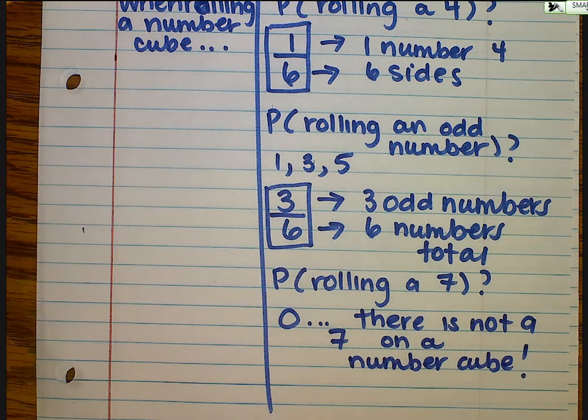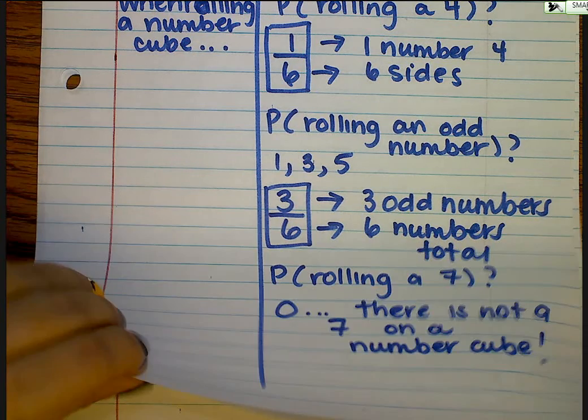So we know rolling a 7 is not possible. This is the end of my page, so go ahead and pause and keep watching if you need to, but I am going to flip to move on to the next page.